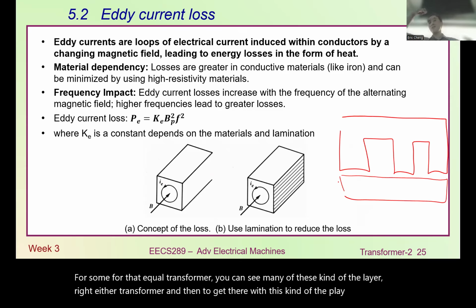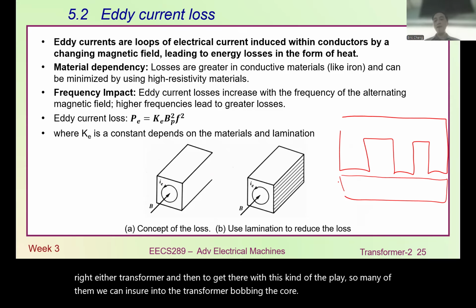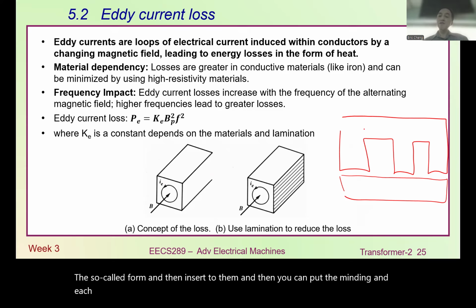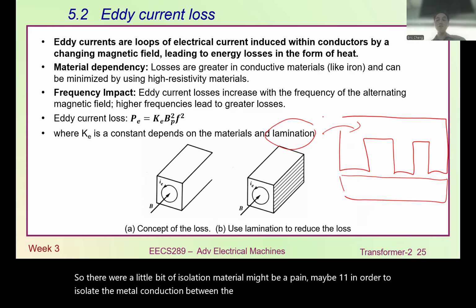With many of them, we can insert them into the transformer bobbin, the core, the so-called former, and then you can put the winding. Each of these we call laminated. There is a little bit of isolation material, maybe paint, maybe enamel, in order to isolate the metal conduction between the layers.